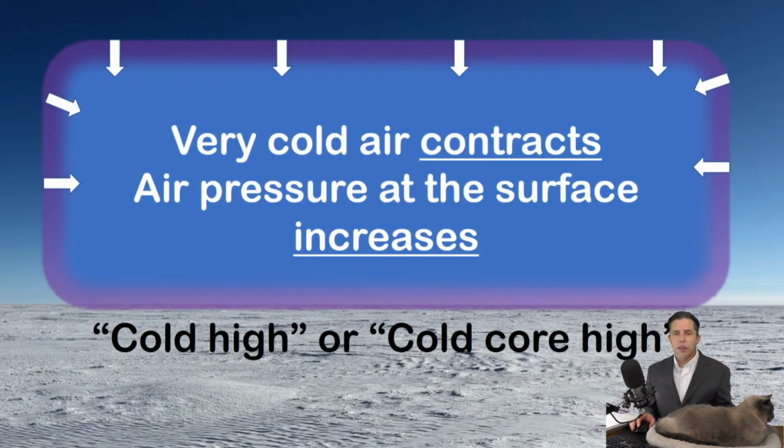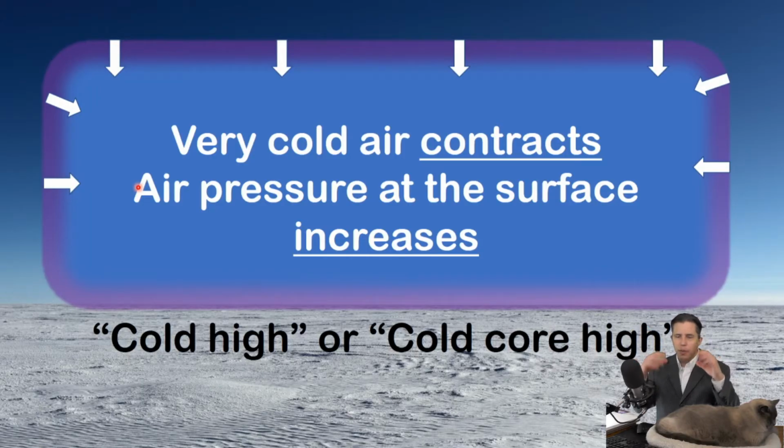And then there's also another way to make a high pressure, and you can get this in really, really cold places. So if you have a blob of really cold air that comes in over the continent, and a classic example is Siberia, right? You're up in northern Russia, and this really cold blob of air comes down and settles over the land. Really cold air contracts, and as it contracts and shrinks, more air fills in above it.